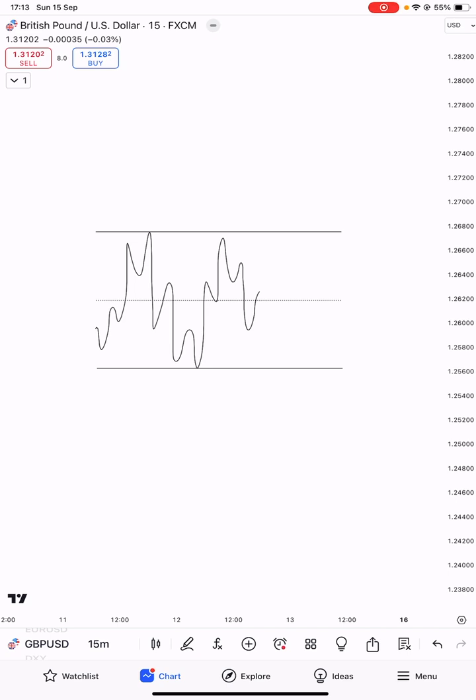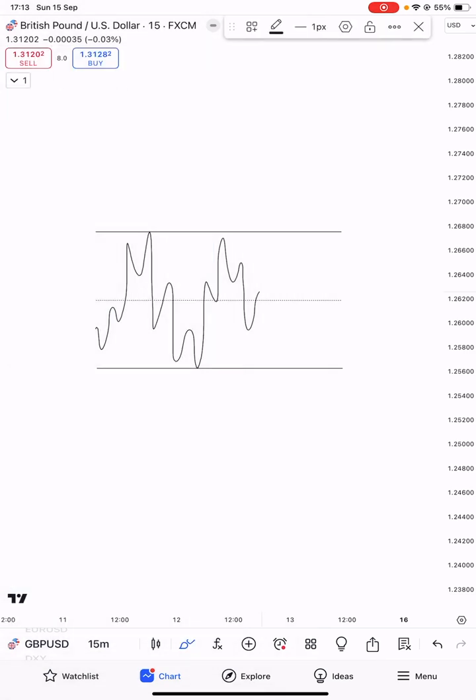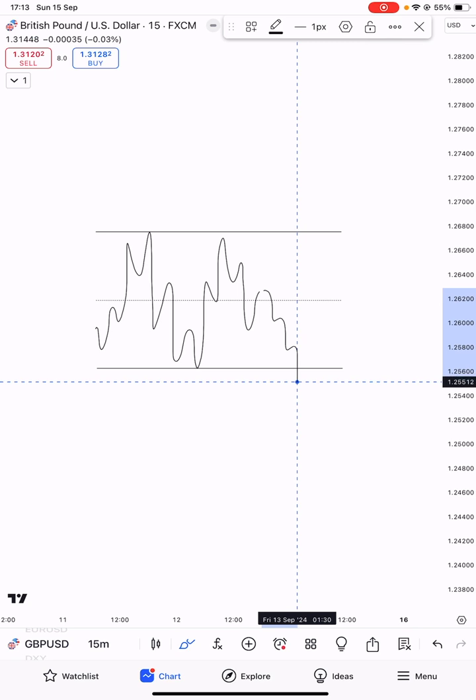Now, this model is a controlled model, so you are engaging price exclusively at the high, the low, and the equilibrium. Yes, the equilibrium too, because one type of entry is price manipulates down into the range low. You buy this with a clear invalidation, and invalidation can be an intermediate-term low, in this case to the left.